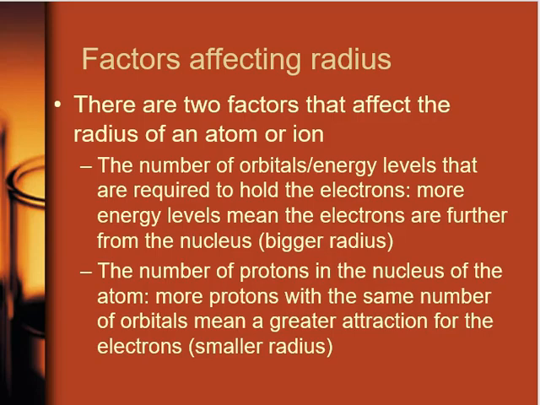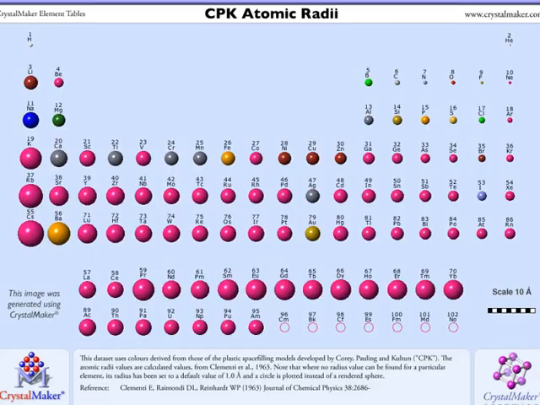So what are the trends that we need to look at? Personally, I think this periodic table illustrates it really well. There are two different things occurring if we look at this periodic table.